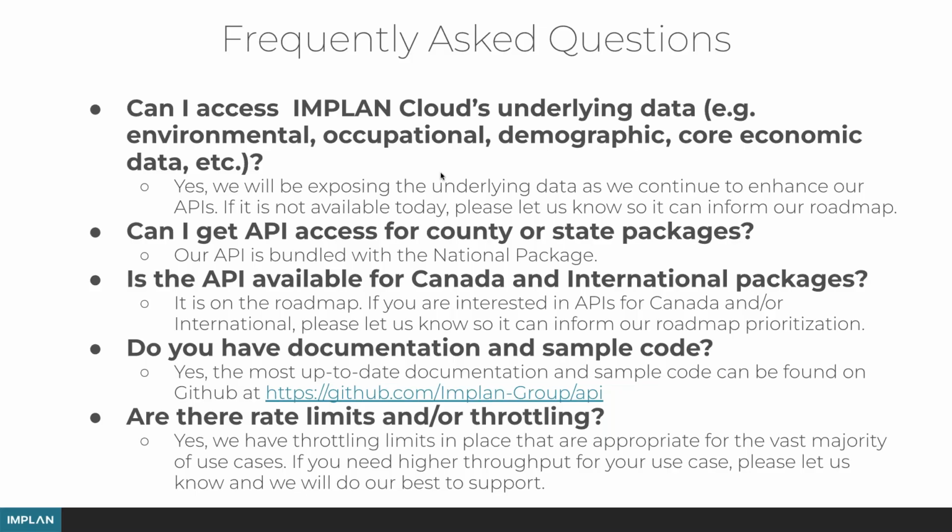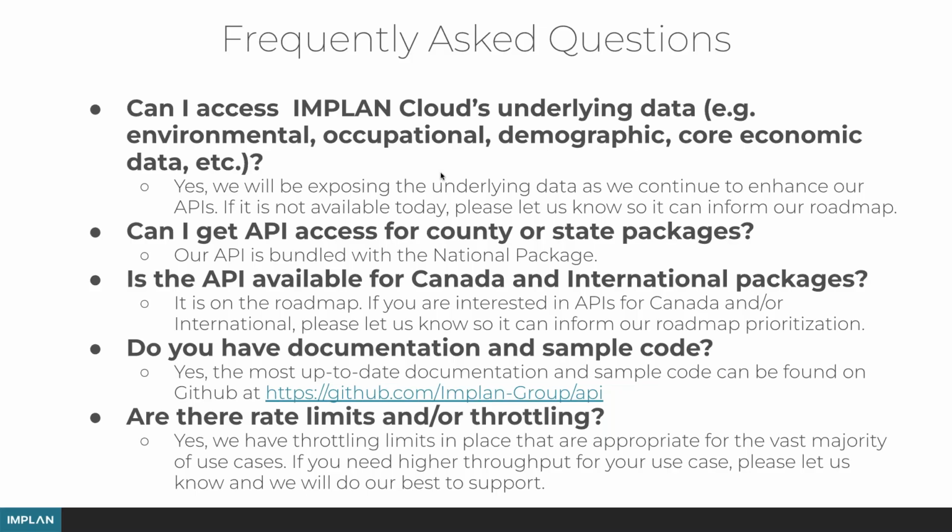Do you have documentation and sample source code? We've touched on this a few times. We'll be keeping our documentation and any sample source code on a GitHub repository. For those who are not familiar with GitHub, it is a source code repository where you can house documentation and source code that's publicly accessible.